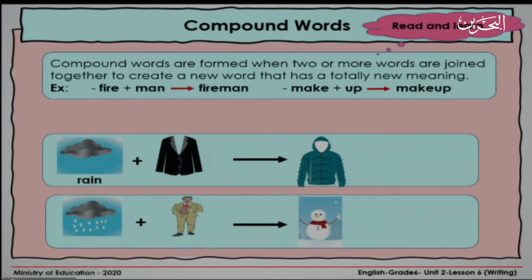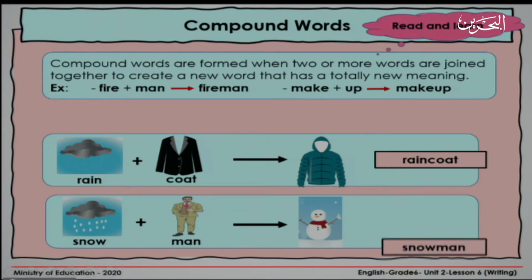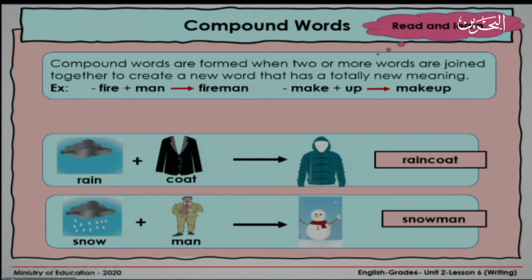Rain plus coat, raincoat. A raincoat is a waterproof or water-resistant coat. Snow plus man, we come up with snowman. A snowman is a figure made of snow that resembles a human being.